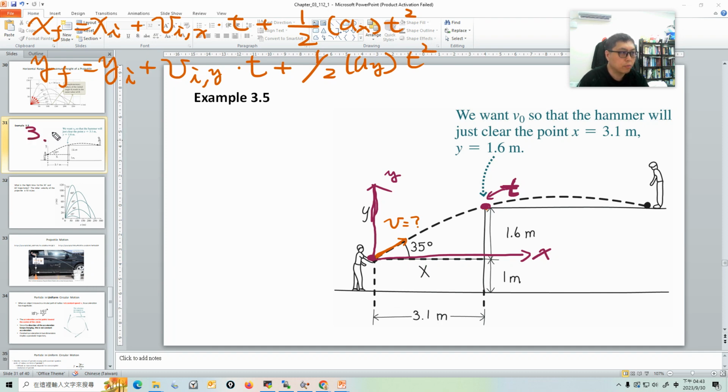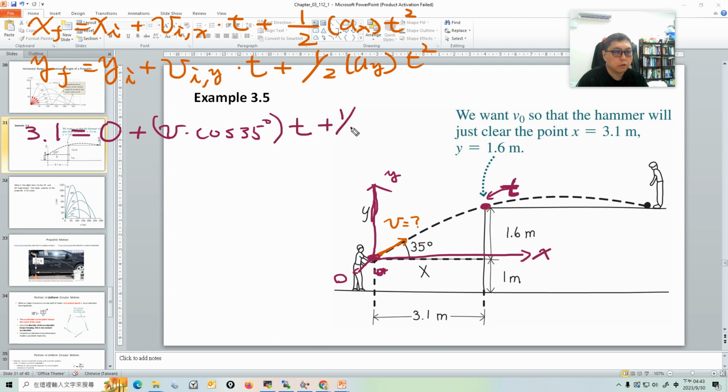So let's write down 3.1 equals the initial position, which is 0 since the origin is here, plus the x component of velocity, v cosine 35 degrees, times the time, which we don't know.